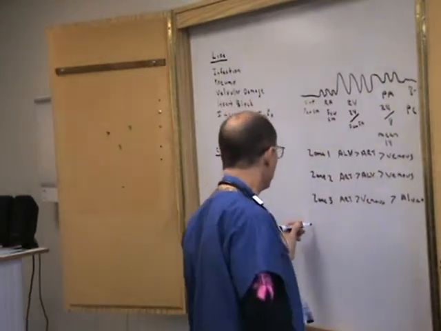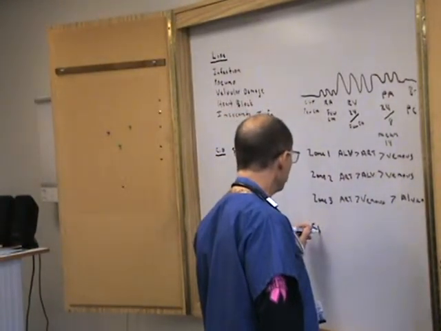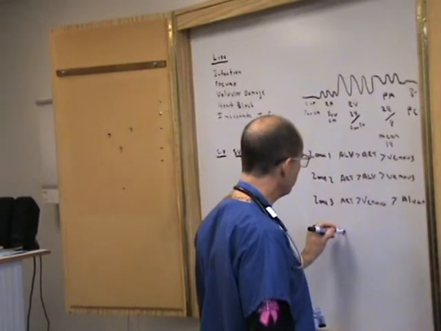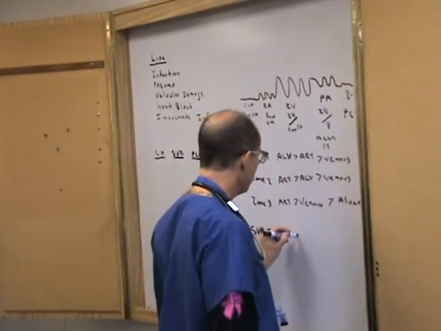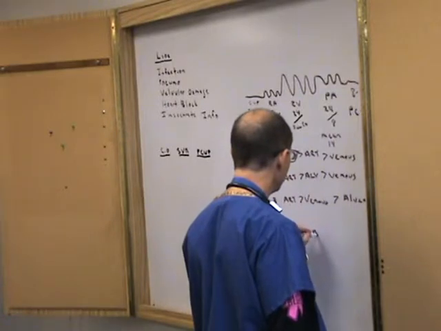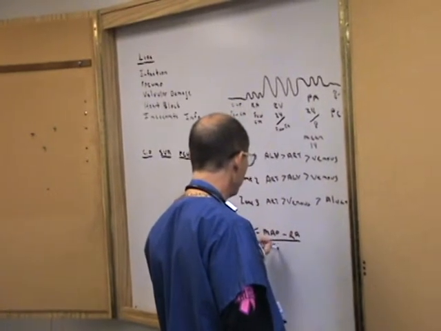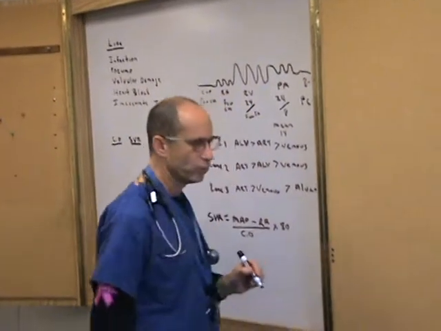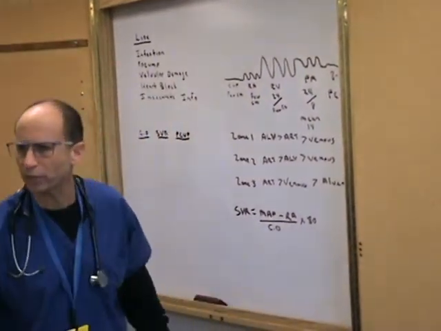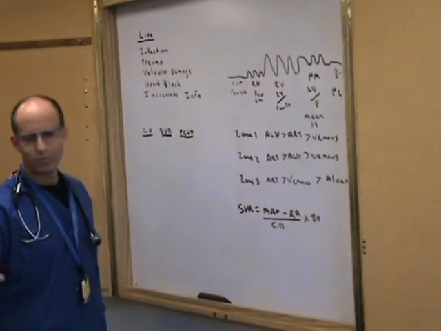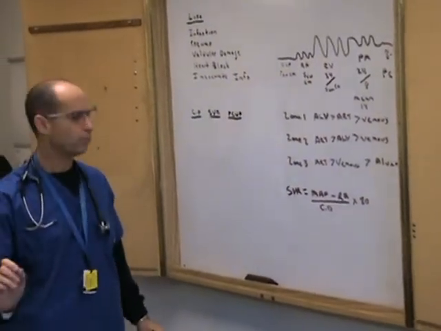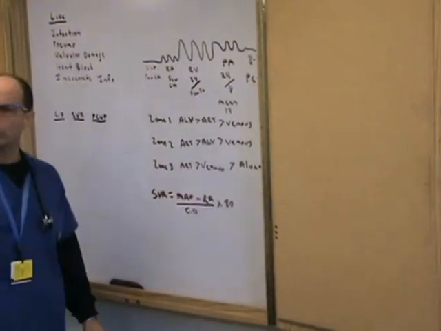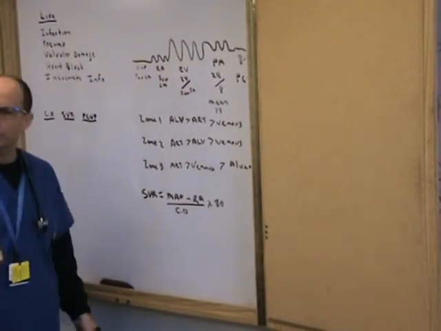So the SVR equals the mean arterial pressure minus the right atrial pressure over cardiac output times the correction factor of 80, and it's like dynes per second per centimeter to the -5th, you know what I mean? I don't remember that part of it. I don't really care about that part of it. I remember the absolute number. But if you haven't recorded your right atrial pressure, then you're going to have to go off your CVP.